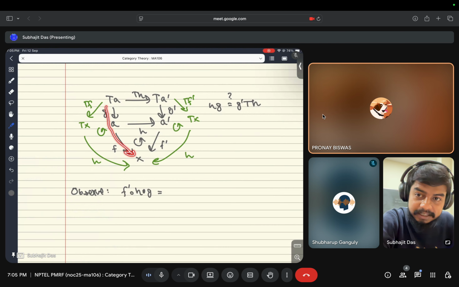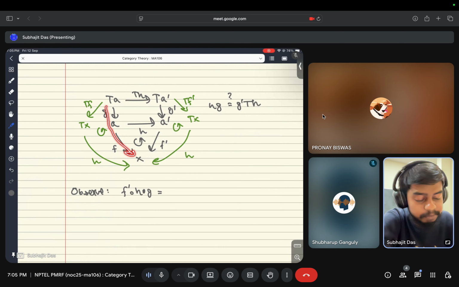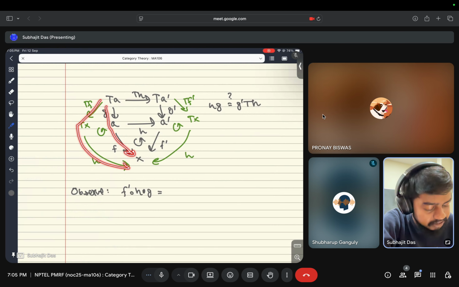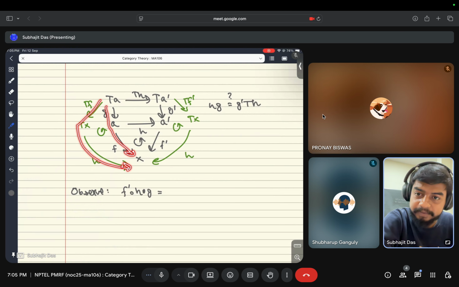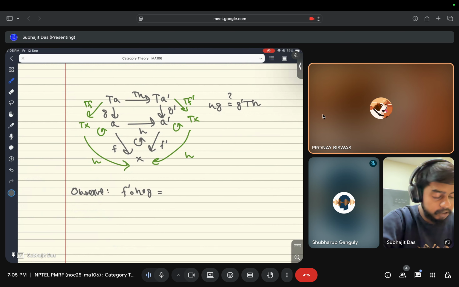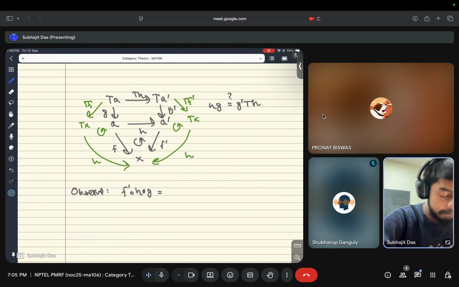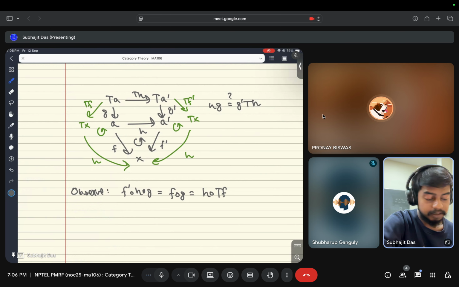Since the left hand square commutes, I can write this as this, right? So now what to do? H compose TF. Okay, so let's write it. F prime composed H composed G is F composed G, which I can write as H composed TF, right? Now what can I do?